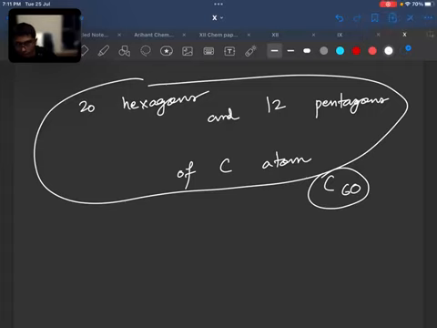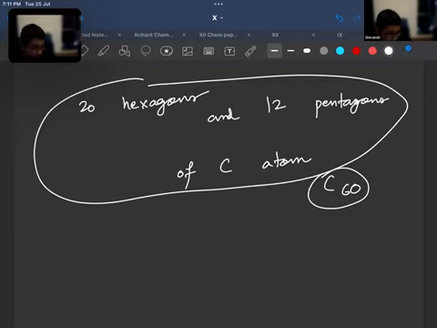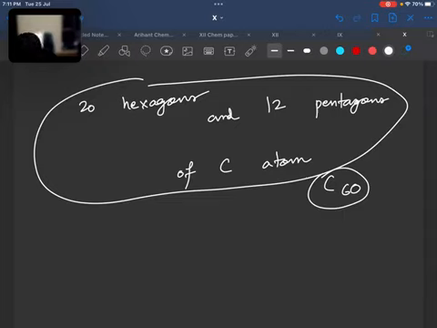For example, diamond doesn't conduct electricity, graphite is a good conductor of electricity, so maybe Buckminster fullerene would partially conduct electricity. No, it won't. And it's a new guy, new in the market, so people are still doing research on this.